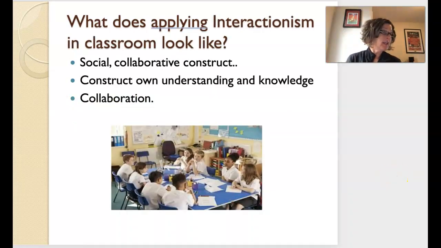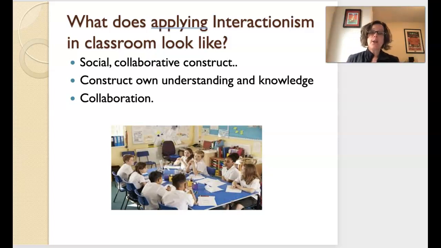Okay, finally, interactionism. Again, if you are at River Heights, at Wilson, at Sauer, I would say that most of the teachers there are interactionists, where they are very much focused on language acquisition and knowledge through social collaborative constructs.